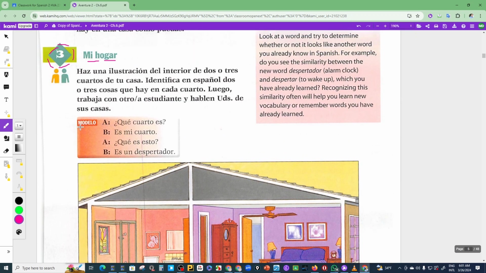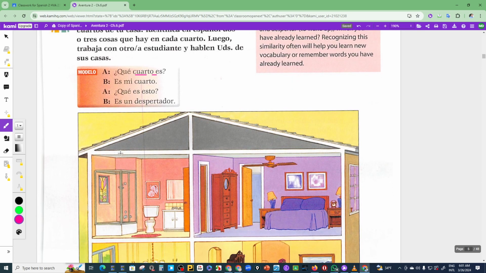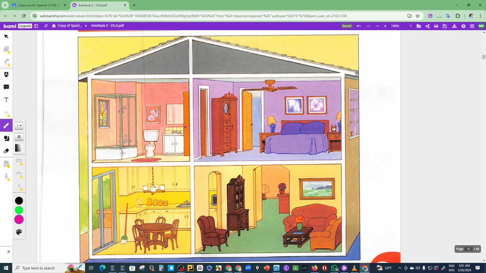According to the example, what cuarto es? Cuarto is room. Okay, so cuál cuarto, which room I am describing here. En este cuarto, I am describing 4 of them, and this is the bathroom over here, which is el baño.